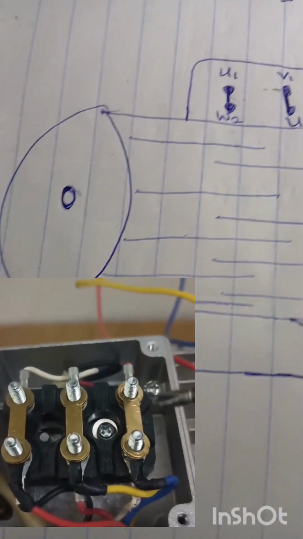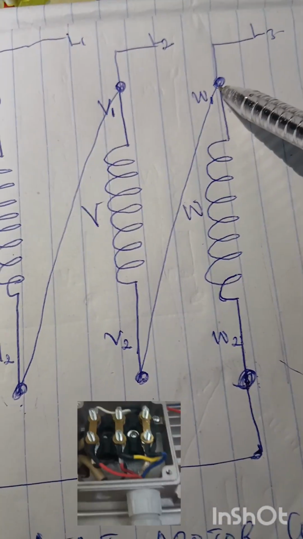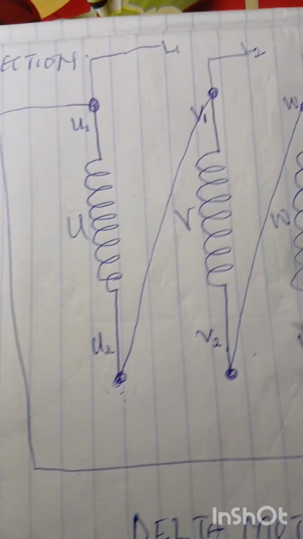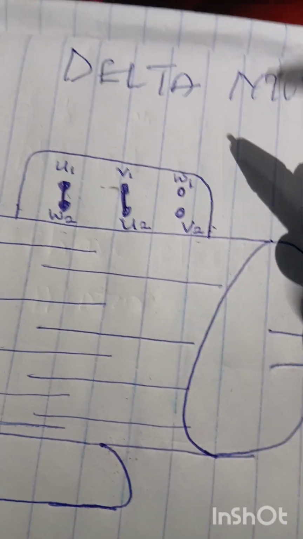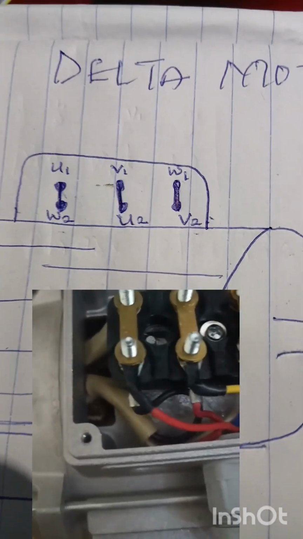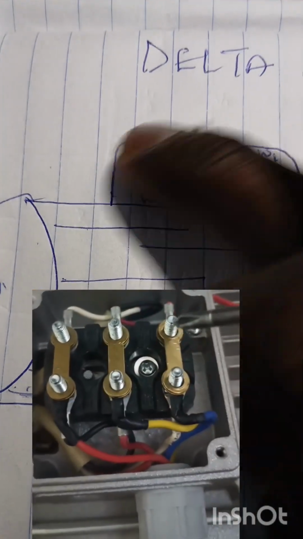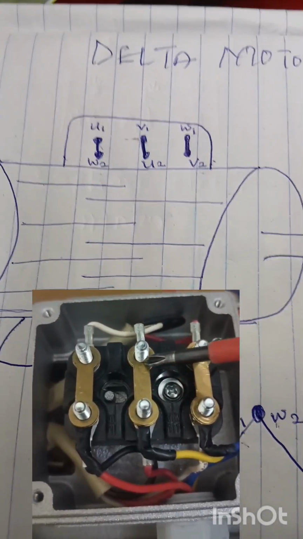Then the third one, which is W1 and V2. So we come here, you can see W1 and V2. So you place your jumper here. Once you place your jumper, you have already configured the 6 terminals of your electric motor in delta form.